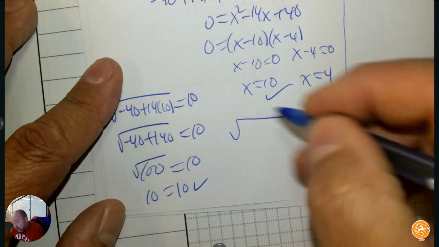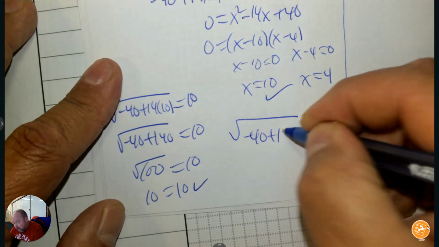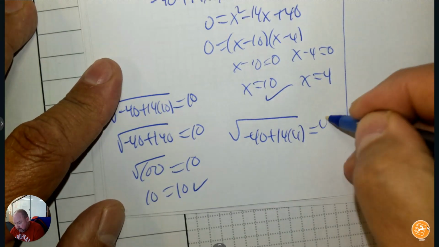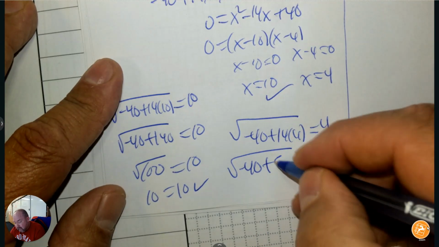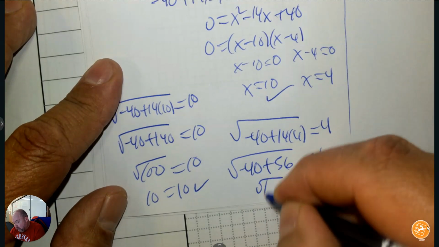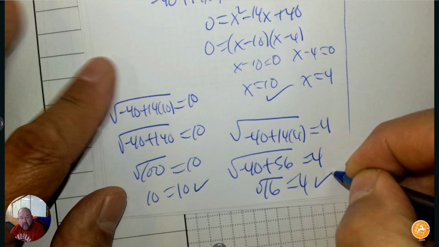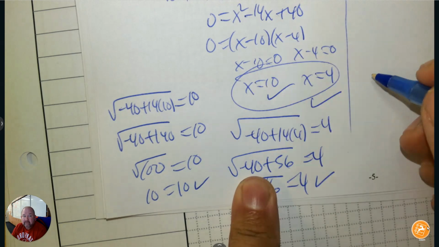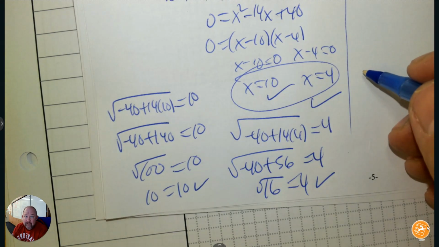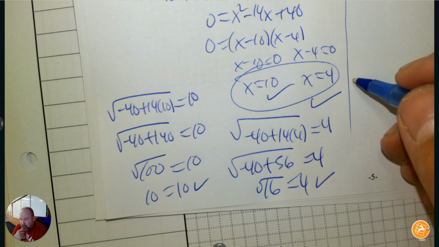The second one is the square root of, with 4. 14 times 4 is 56. That's the square root of 16. Yep, that one works too. The square root of 16 is 4. So both answers work in this case. Sometimes both will work. Sometimes one will work. And sometimes both won't work.